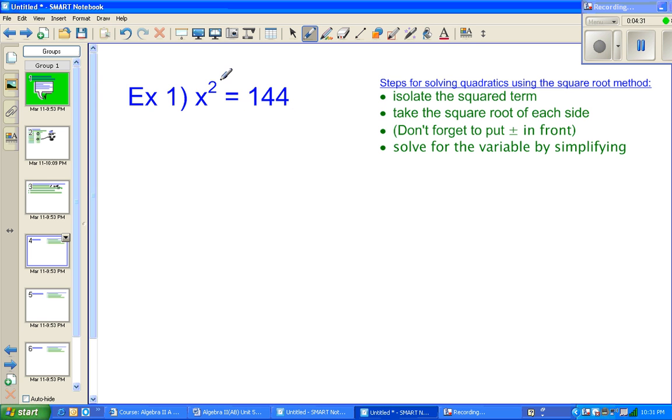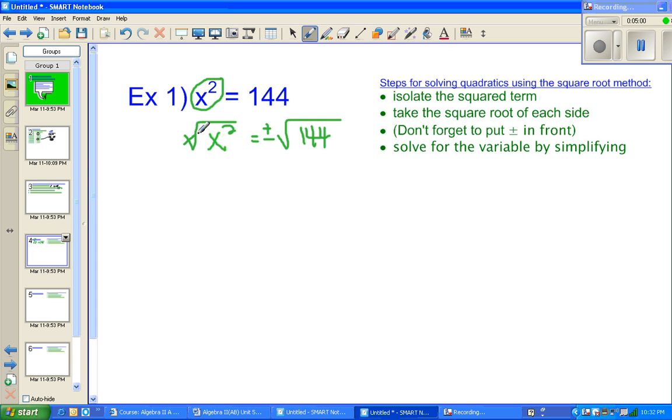Okay, so isolate the squared term. X is the only thing being raised to the exponent of 2, so we've isolated the squared term. So then you're going to take the square root of that side, and you're going to take the square root of the other side. Now, again, I chose to put the square root there.